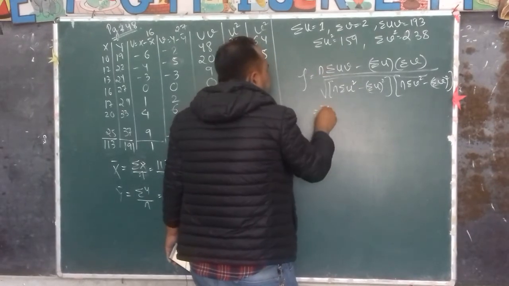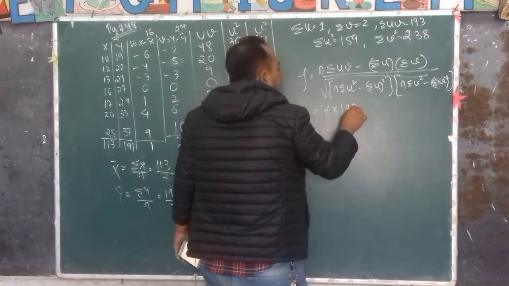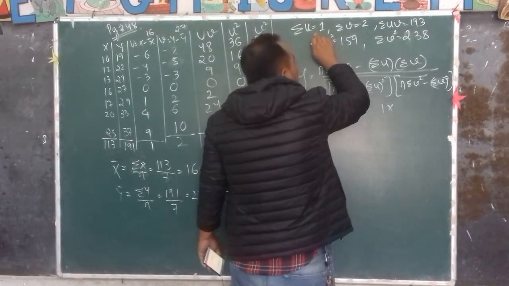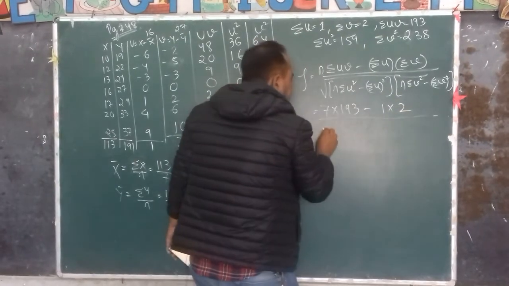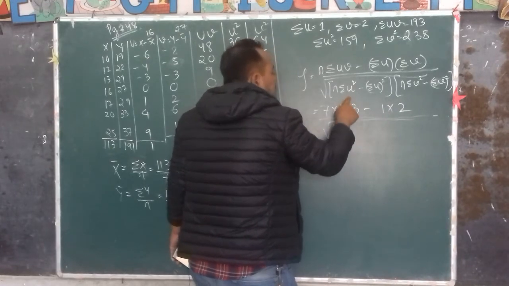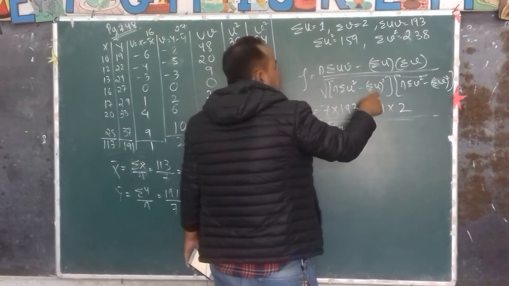N, number of terms, is 7, into summation uv. What is summation uv? 193 minus summation u is 1 and summation v is 2, divided by under root open bracket 7 into summation u square, 159 minus summation u whole square.